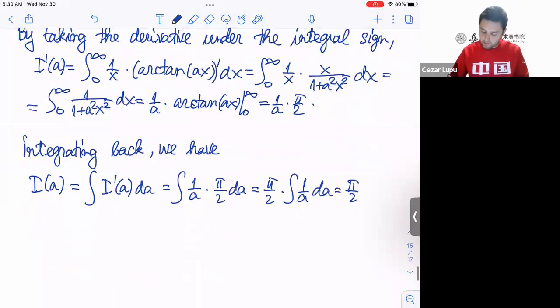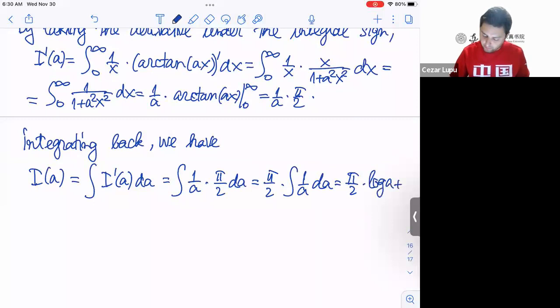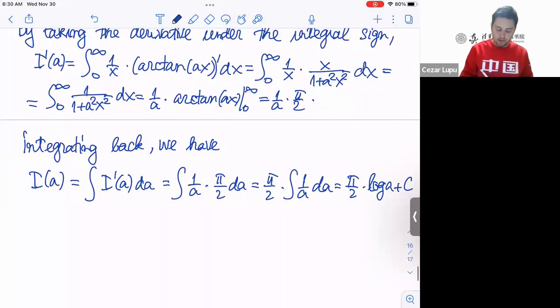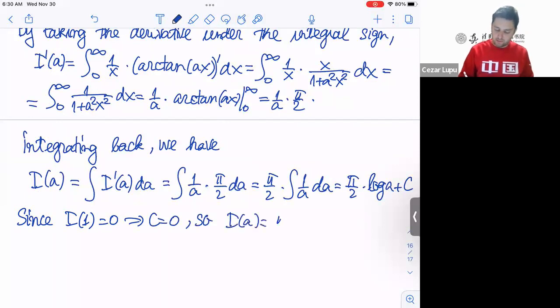So this would be pi over 2 times the natural log of a plus C. But since we know that I of 1 is 0, plugging in implies that C is 0. So I of a is nothing else than pi over 2 times log of a.